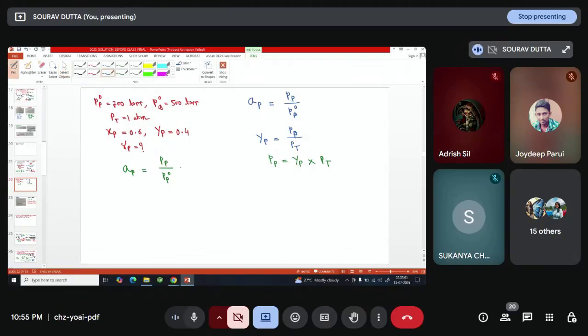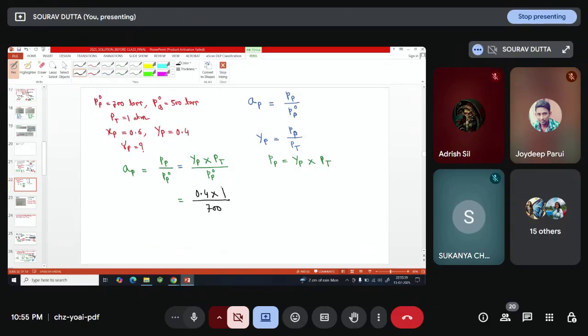Why? I am sure everyone understands the reason, since the values are given: yp into pt divided by p naught. The mole fraction in the vapor phase is 0.4, total pressure 1 atm, and p naught in the pure state 700.